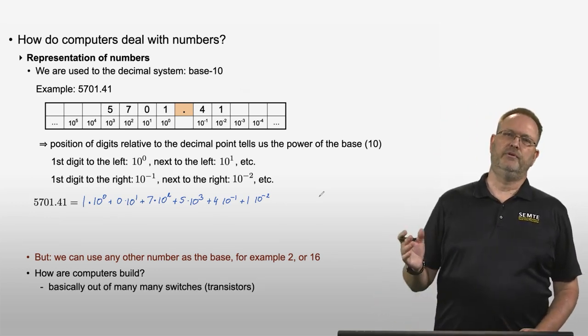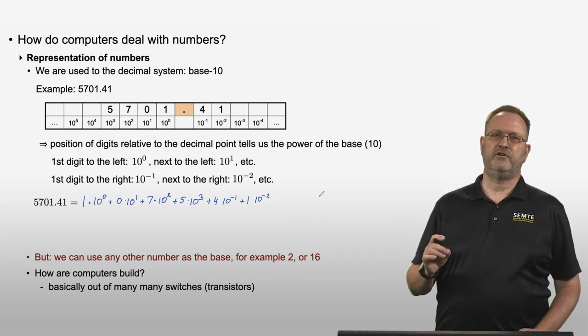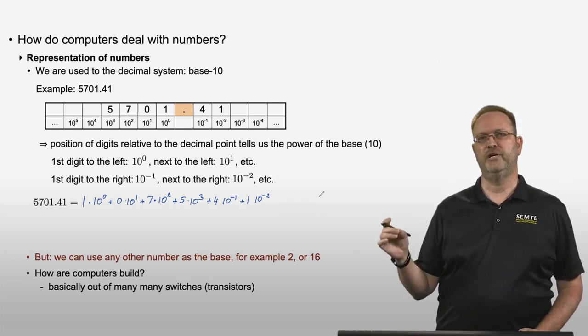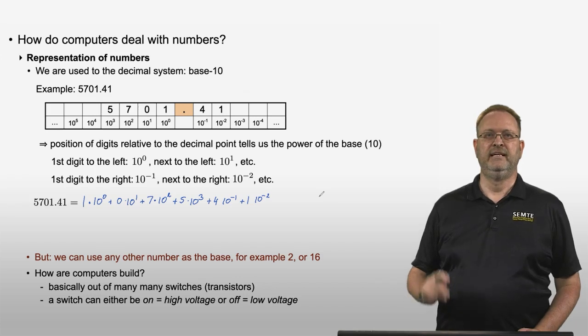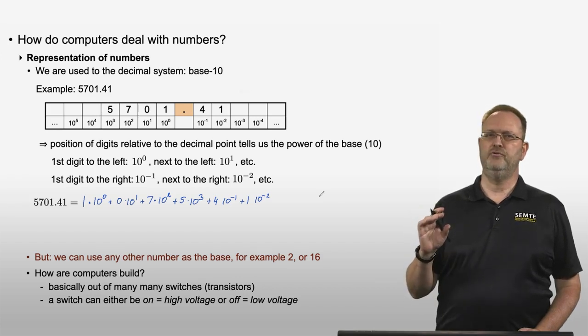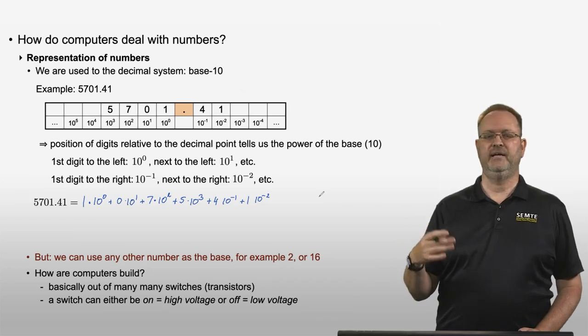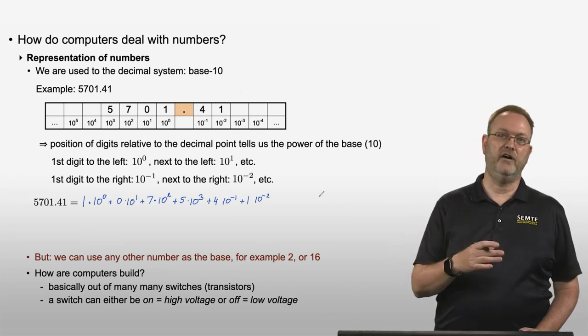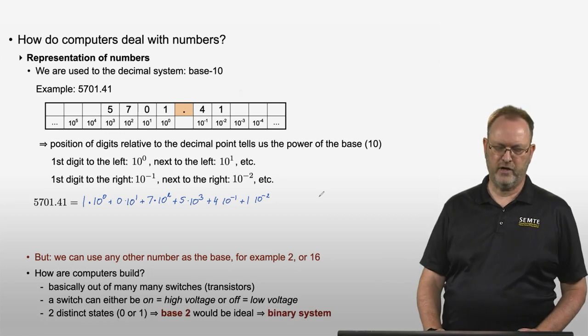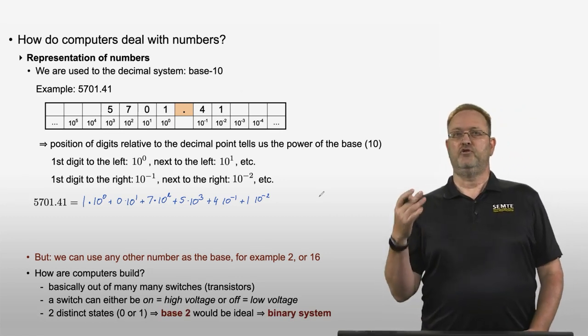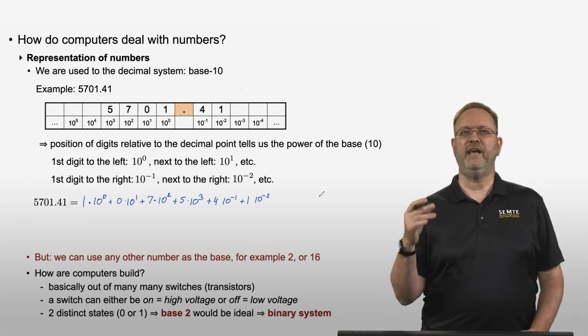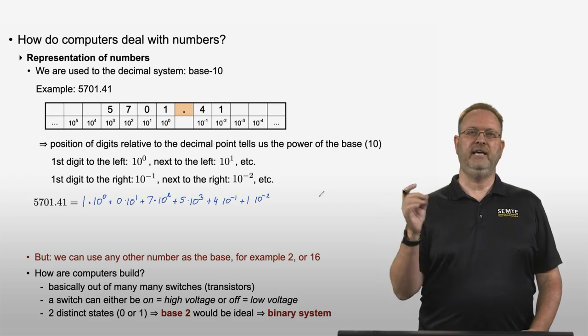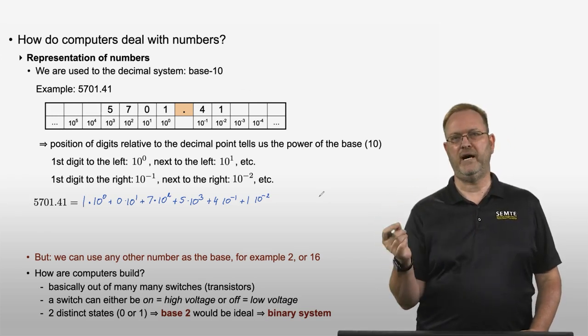Basically, computers at their core are built out of many individual switches or transistors that can have really only two different states. The switch can either be on, meaning it has a high voltage, or it can be off, meaning it has a low voltage. So we can store in a transistor one of two states, either a 0 or a 1.